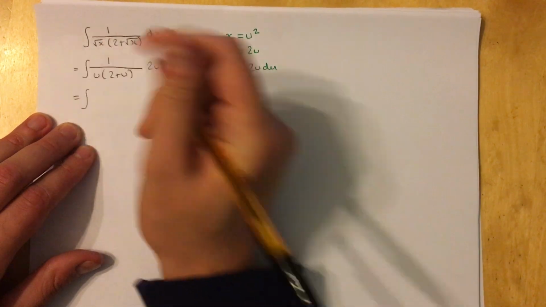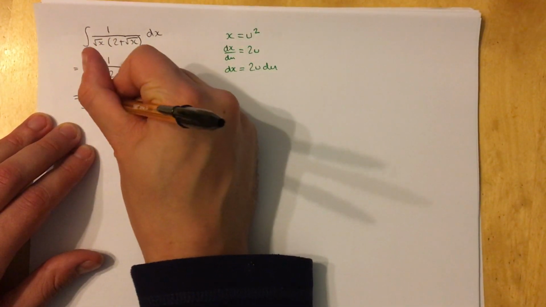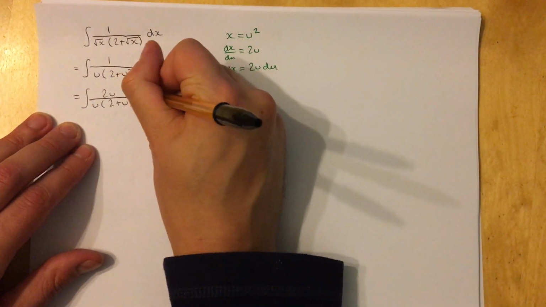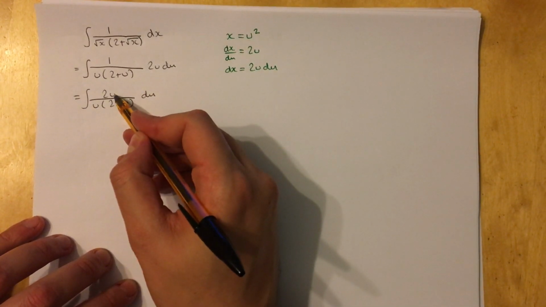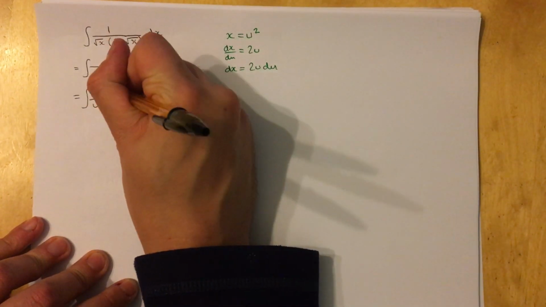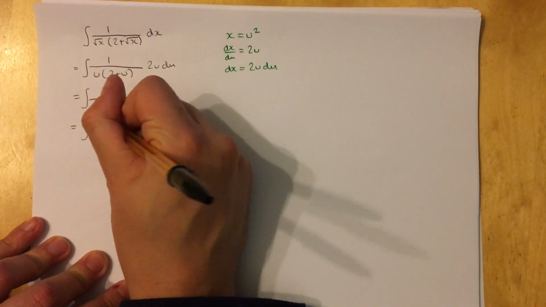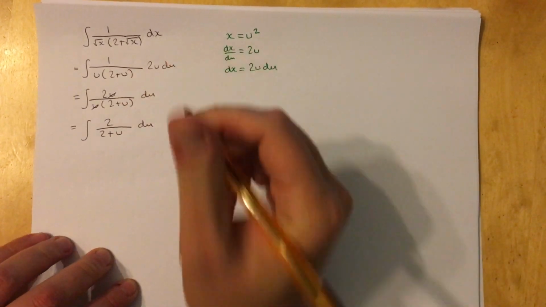So tidying up a little bit, we're going to have 2u over u times 2 plus u du. And then because we've got a factor of u in the denominator and a factor of u in the numerator, we can cancel those down. So we end up with 2 over 2 plus u du.